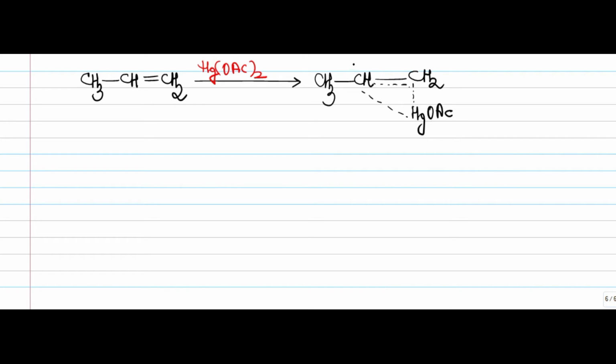Right? This remains partially positive, this remains partially negative. Now you find that the positive charge remains on this carbon, and that's because it is more substituted. It has more substitution here. So having more substitution, the positive inductive effect would effectively stabilize this positive charge on the carbon, and hence this carbon remains partially positive.